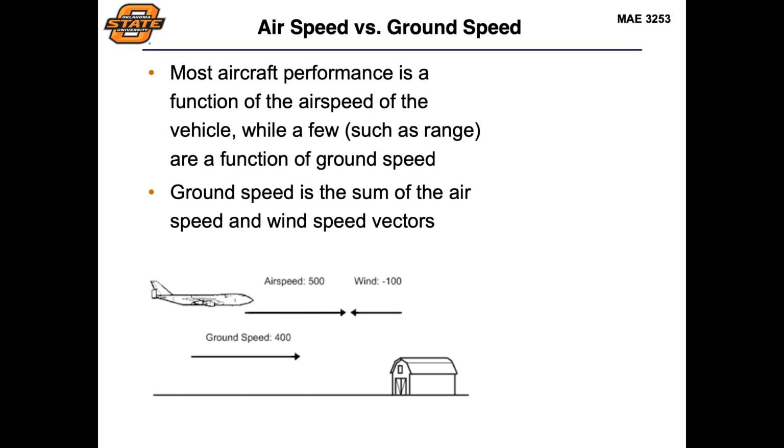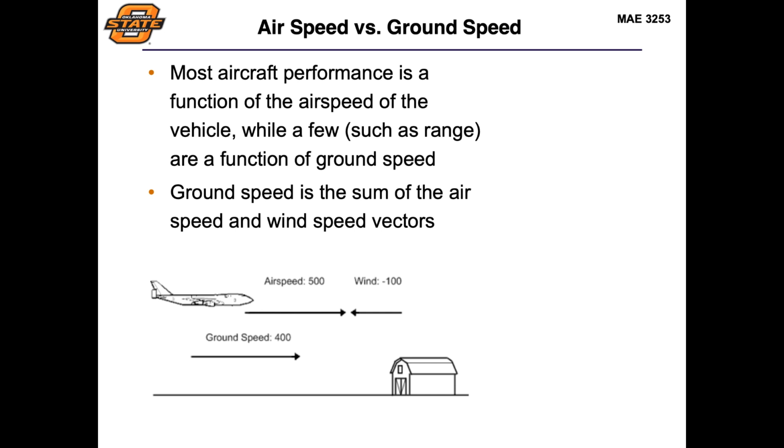That airspeed may not be indicative of the ground speed of the aircraft, and that's going to be important when we're calculating things such as time to go from point A to point B. So it's important to look at the wind and how the velocity of the aircraft compared to the ground speed of the aircraft may be altered by changing the relative wind of the aircraft.